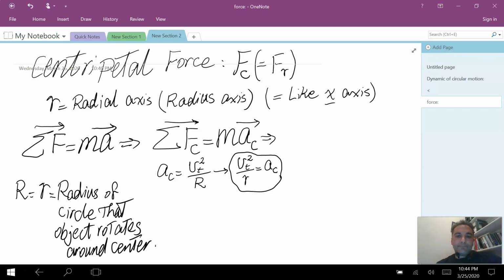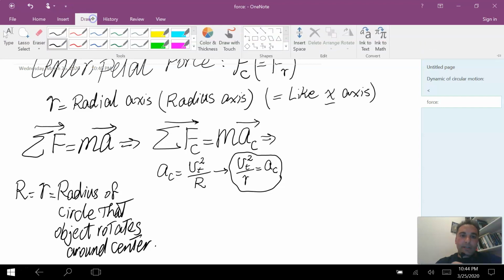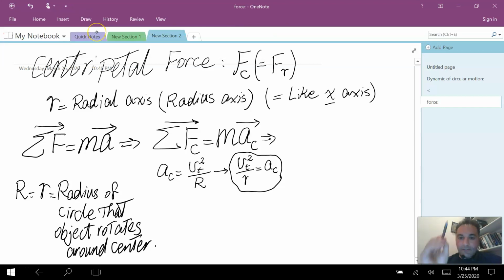Therefore, guys, here I can say, let me write it in a different color. Therefore, FC, using this one and this one, I can say that FC will be what?